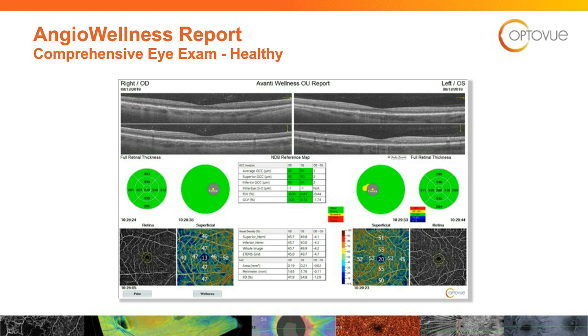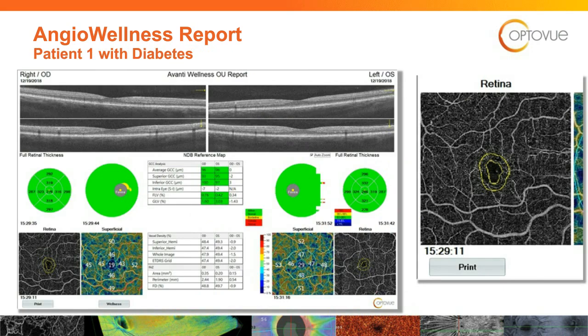So here's a patient that came in that says, hey, I'm diabetic, and yes, I'd like to opt in and have this wellness. And if you just look at the B scans real quick, the B scans look good, GCC looks good. So I'm going to drop down to the very bottom where the angiogram is, and if you look at the bottom left, which is the right eye, you can see the foveal avascular zone is a little bit oblong, and that's what I have over here on the right side of the screen.